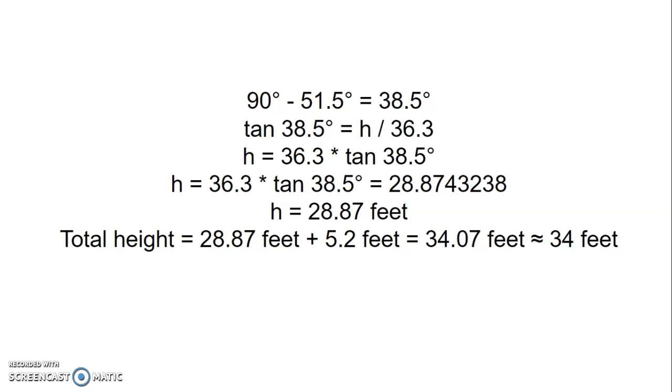Now we're going to find the total height again. We put 28.87, because we rounded this number, plus 5.2, which was our height to eyes, equals 34.07 feet, or 34 feet.